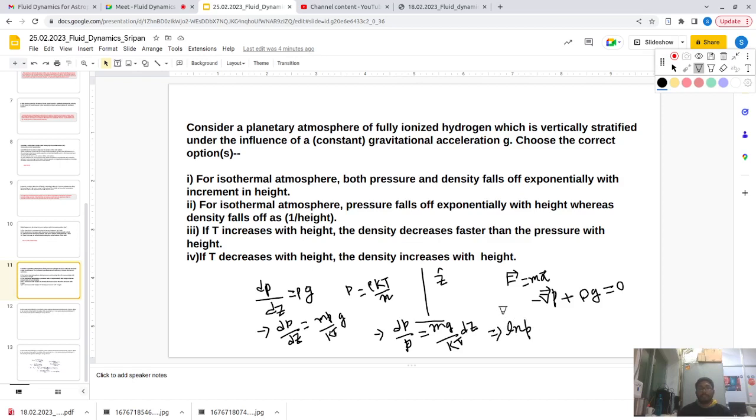Now if you have the limits, let's say p naught is the value at the lower level and you have some value at some height, let's say pz, this equals mg by kT times z, right? So for the time being, mg by kT.